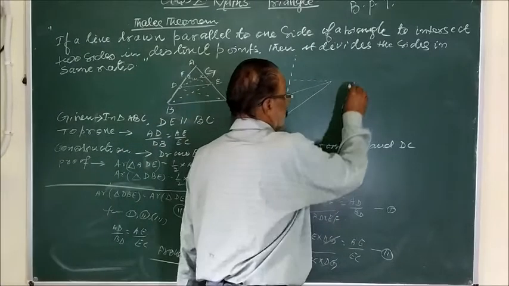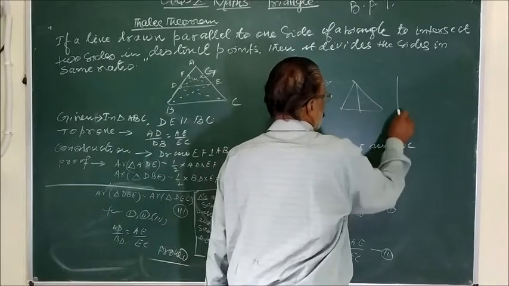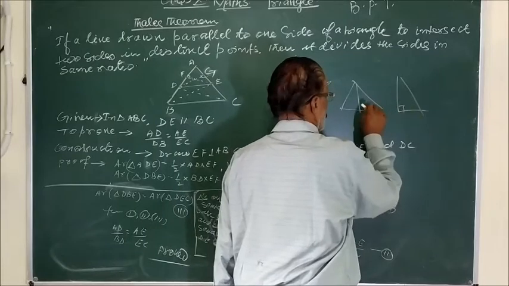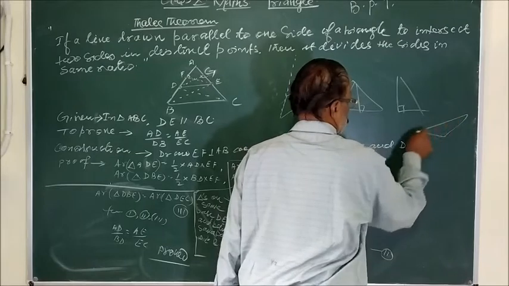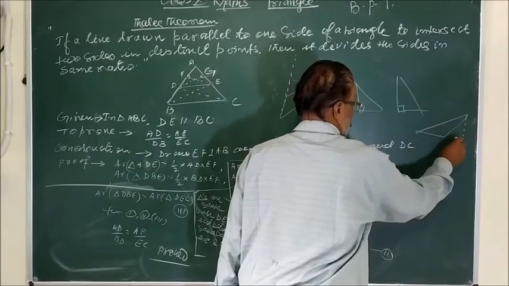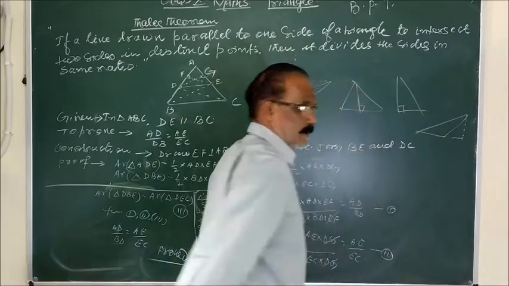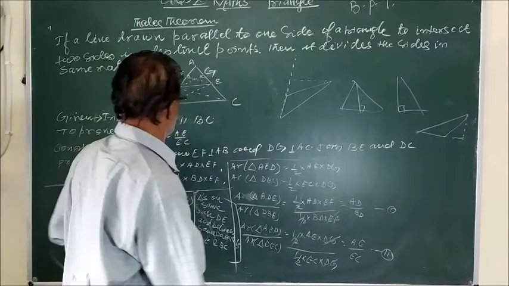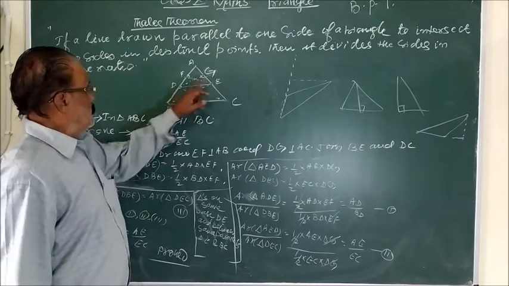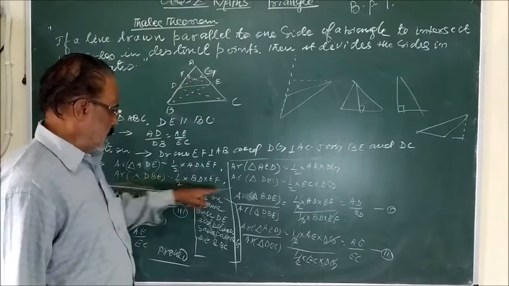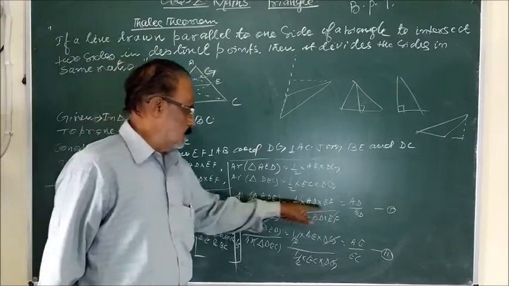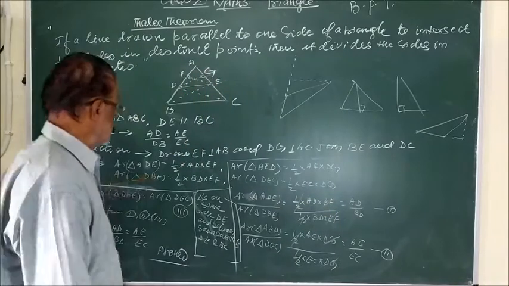In the right triangle, it is already perpendicular. And in an obtuse triangle, the perpendicular is drawn on an extended portion of the side. So half into BD into EF. इसको रेशियो निकाले अपन, so you will get AD by DB.